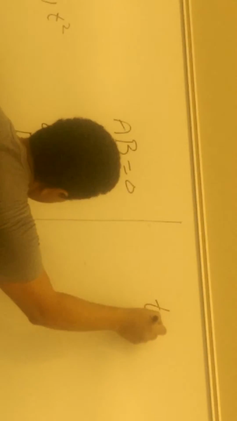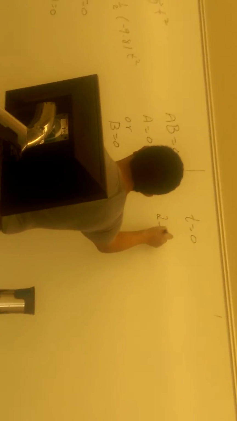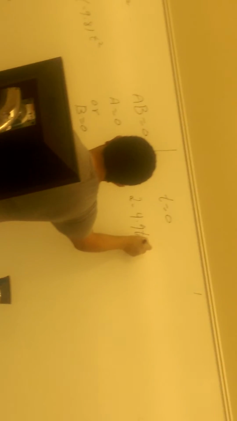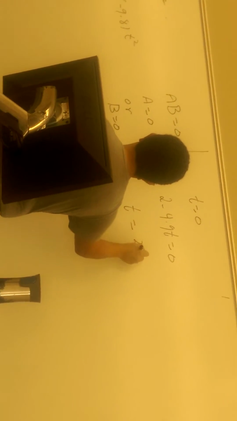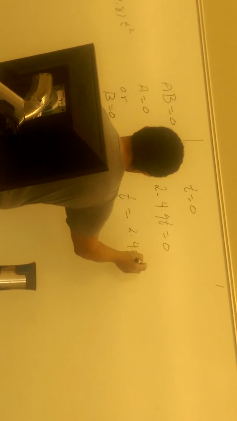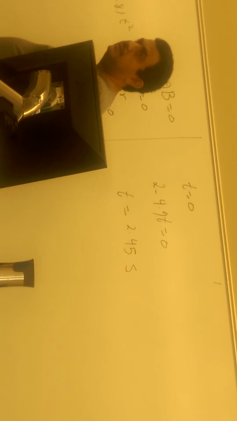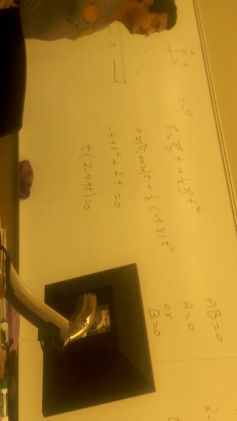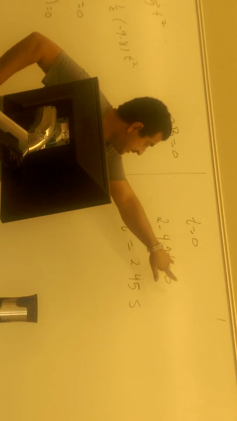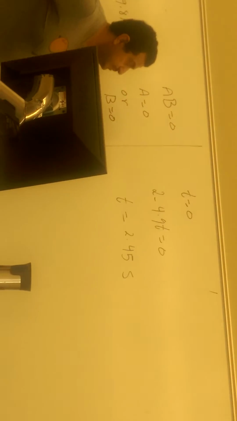So based on that, the answer is the following: t equals 0, or 2 minus 4.9t equals 0. If you take this to the other side, it becomes positive, and then you divide by 4.9, not by 2.